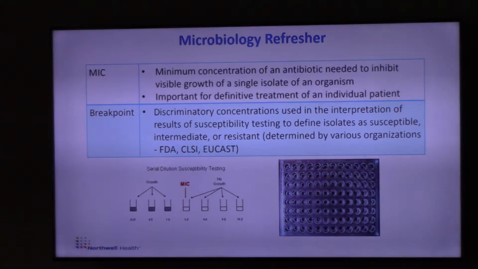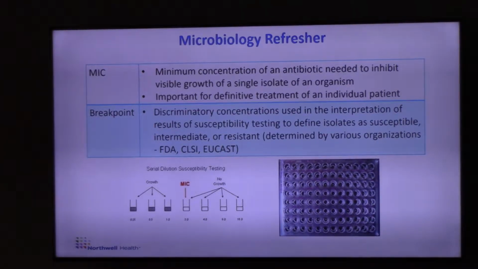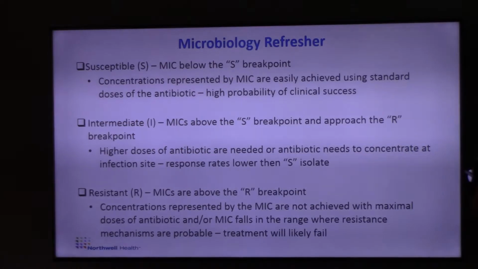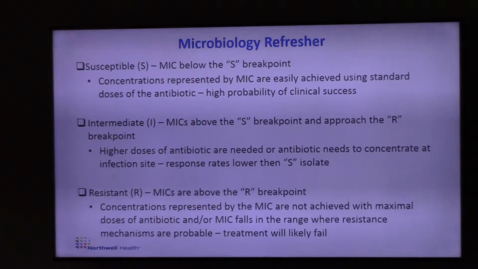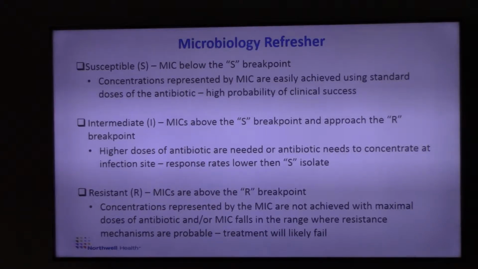Now the breakpoint, which is set by different organizations, tells us where that sensitivity is. I'll show you on the next slide, and that's how we know if an antibiotic is going to be effective or not. Basically, if the MIC is below the breakpoint, or at the breakpoint, it's considered susceptible, and using standard doses of antibiotics you'll have a high probability of clinical success.